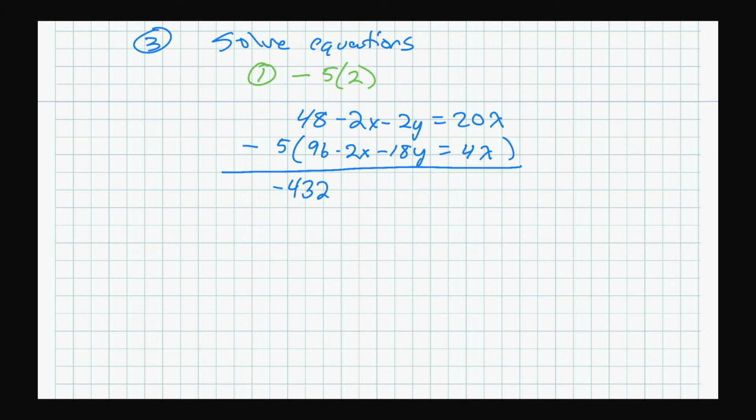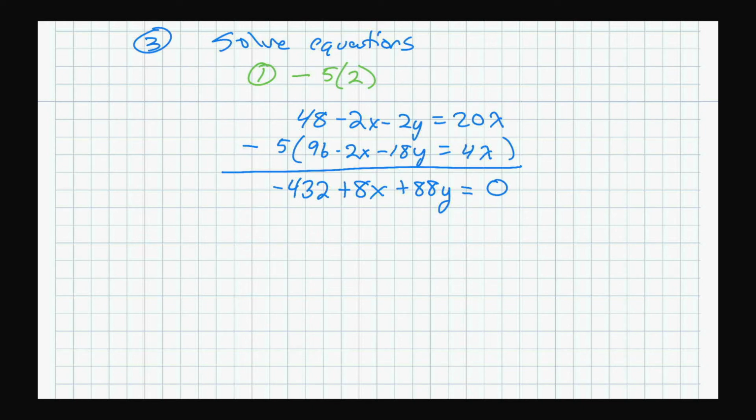And then negative 2x minus 5 times negative 2x, so that's negative 2x plus 10x, which is 8x. Then negative 2y minus 5 times negative 18, so that's negative 2 plus 5 times 18, which is 88, so plus 88y equals, and then 20 lambda minus 5 times 4 lambda, which is 0. And that was the point, that you get 0.